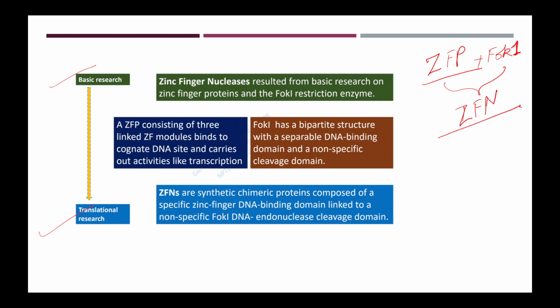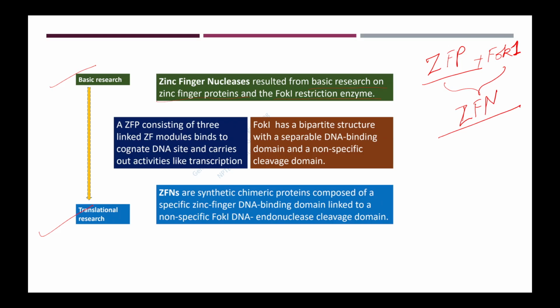Okay. So this zinc finger nuclease resulted from the basic research on the zinc finger proteins and the FokI restriction enzyme. A zinc finger protein consists of three linked zinc finger modules. Generally, it is three zinc finger modules, the first discovered one. Three linked zinc finger modules bind to the cognate DNA site and carry out activities like transcription.